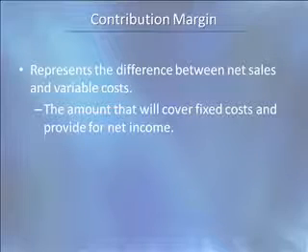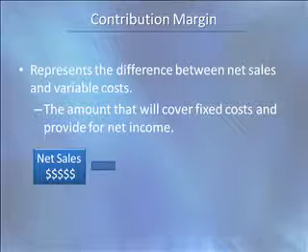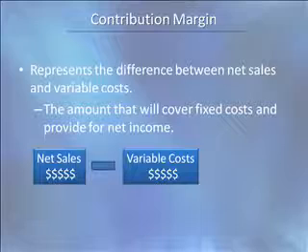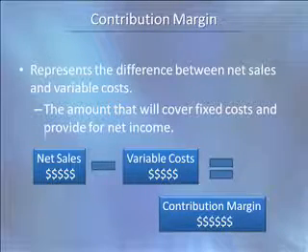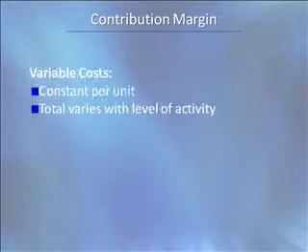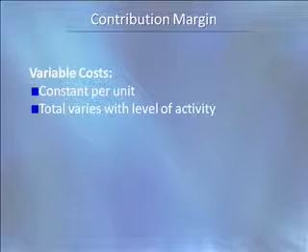Now let's look at contribution margin. This represents the difference between net sales and variable cost. It's the amount that will cover fixed costs and provide for net income. Net sales minus variable cost equals contribution margin. Variable costs are constant per unit.